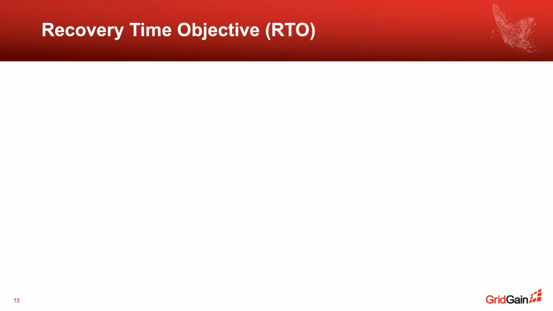RTO, or recovery time objective. This is the maximum allowed service interruption time, the maximum allowed time for which the service may be down. And this is again an external requirement more than just a parameter of your own system.